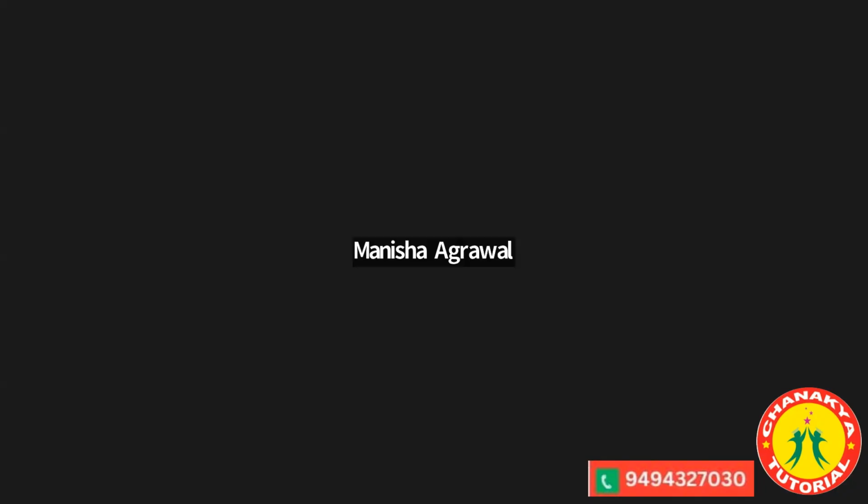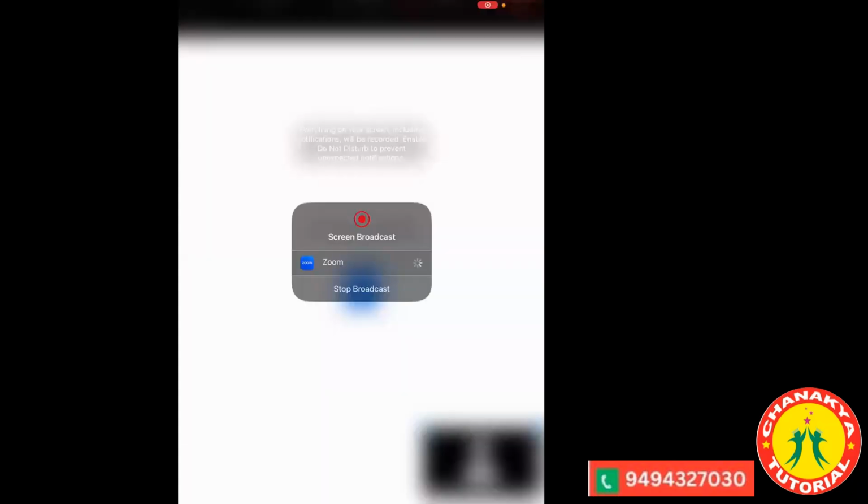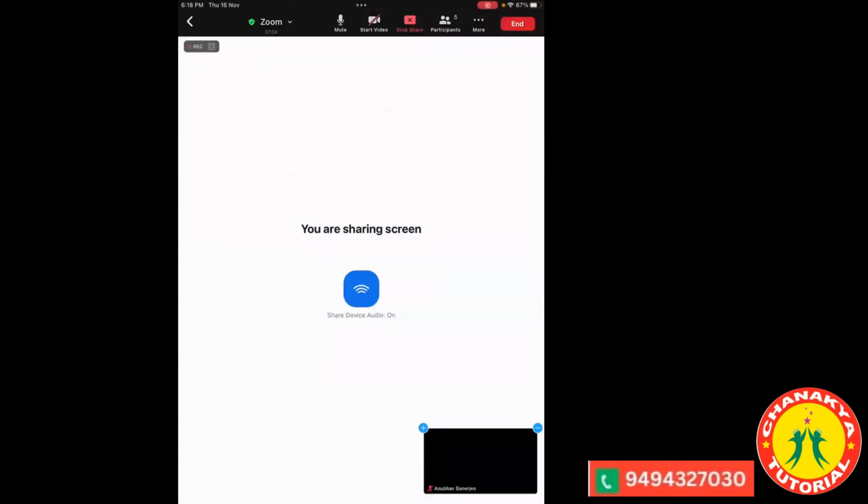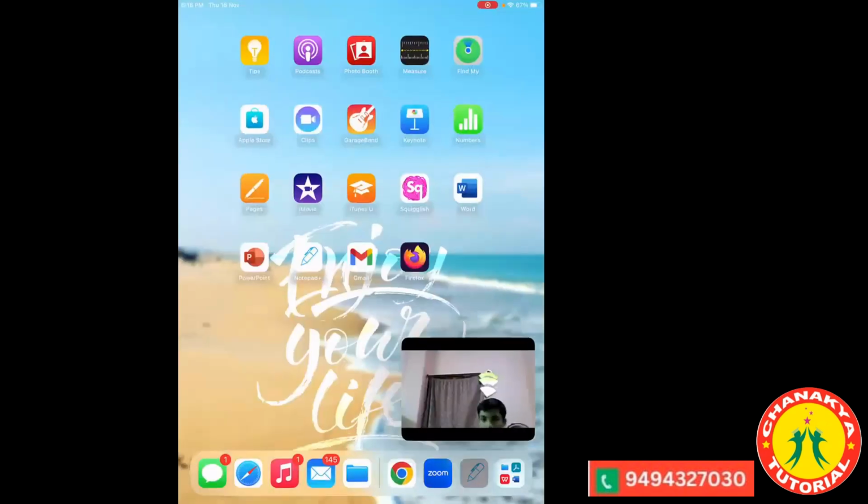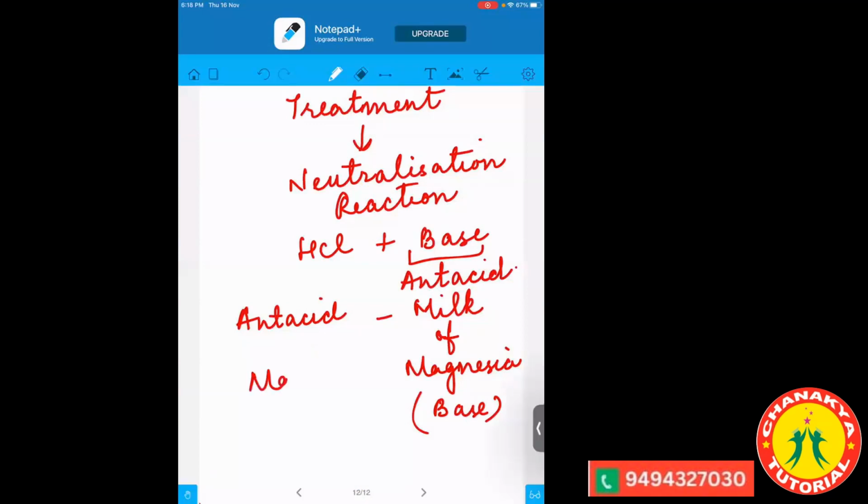Magnesium hydroxide. Very good, Anubhav. Magnesium hydroxide is the other name of the milk of magnesia. So this is also called the magnesium hydroxide. Right? So that is how we treat it.